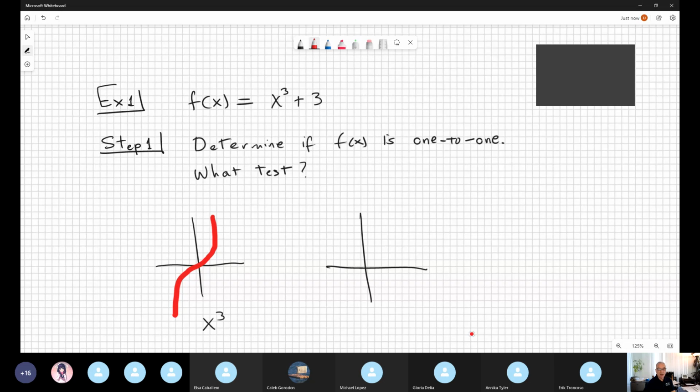Okay, so now my new graph is similar to this, same shape, but now this point, que normally is 0,0, now would be 0,3.